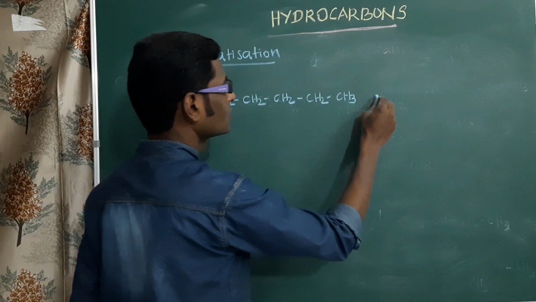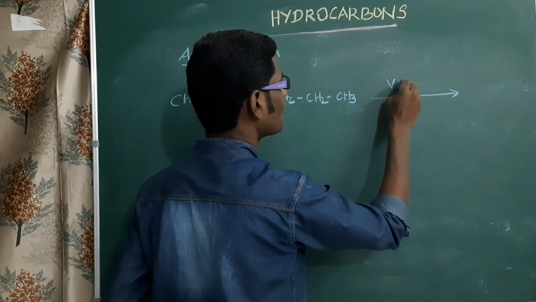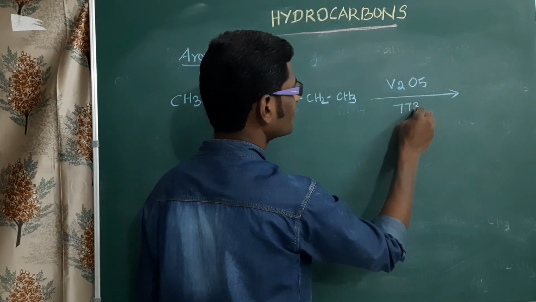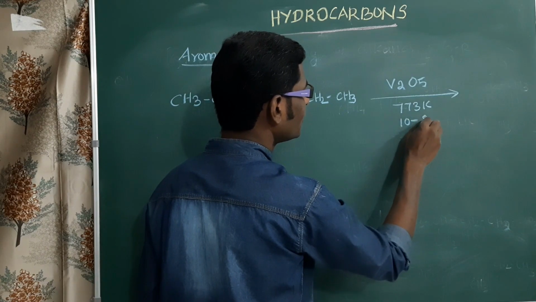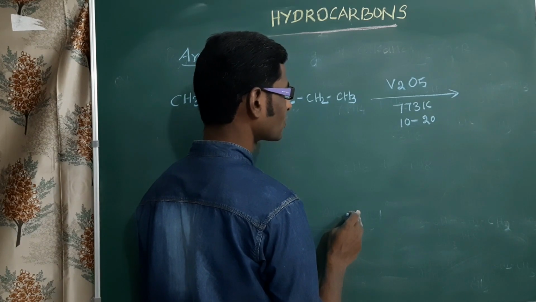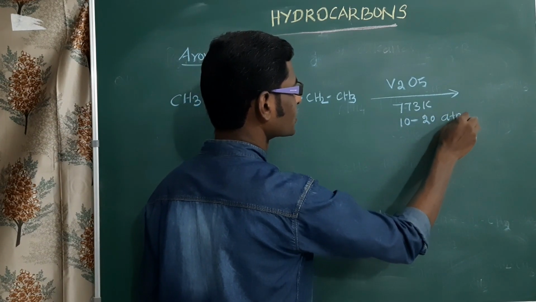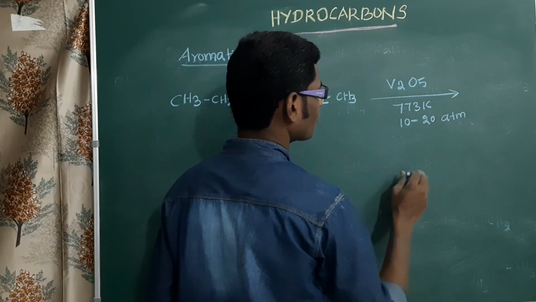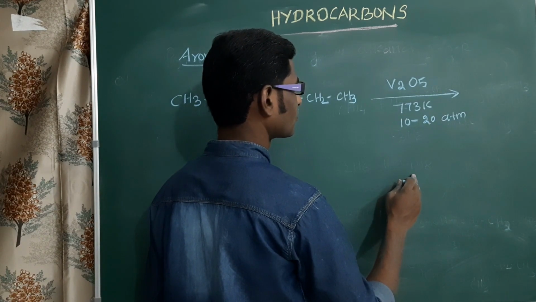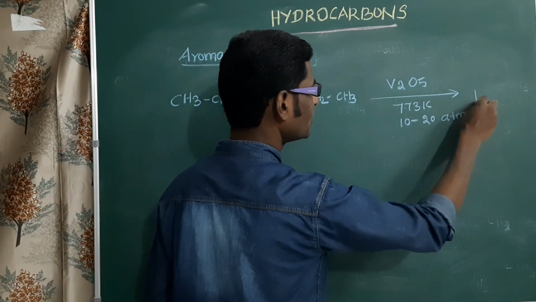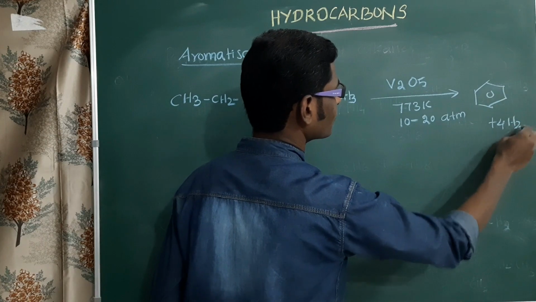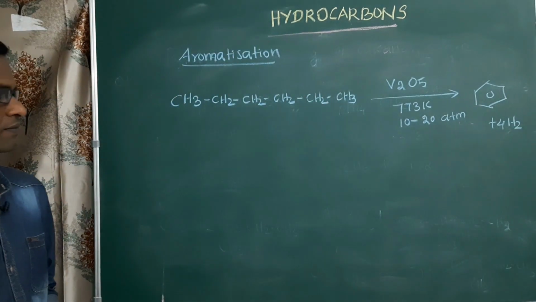This hexane is passed over vanadium pentoxide or chromic oxide at 773 Kelvin and 10 to 20 atm pressure, and undergoes cyclization to form benzene plus 4H2. This reaction is called aromatization.